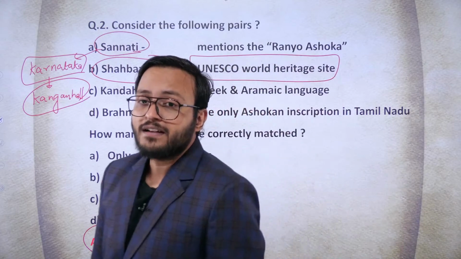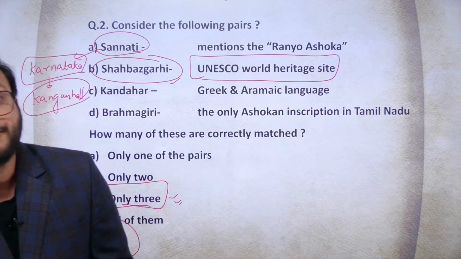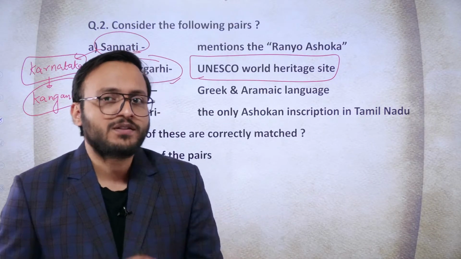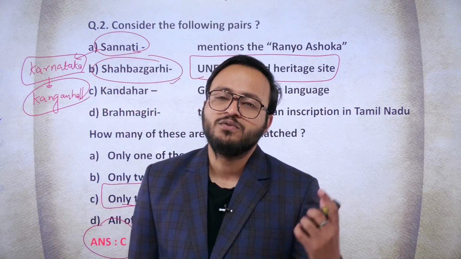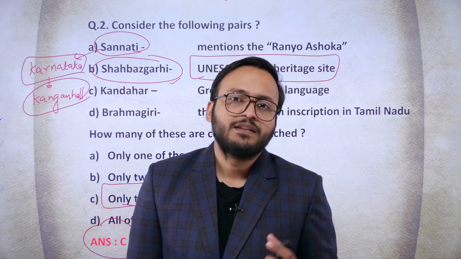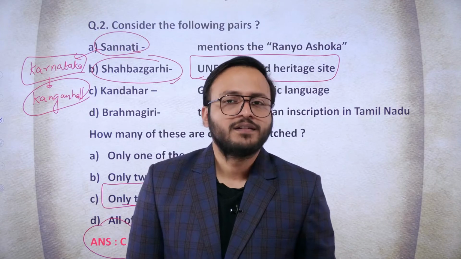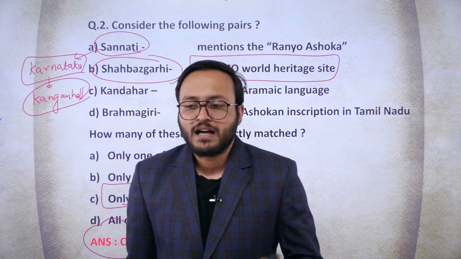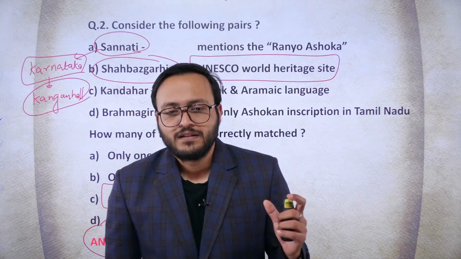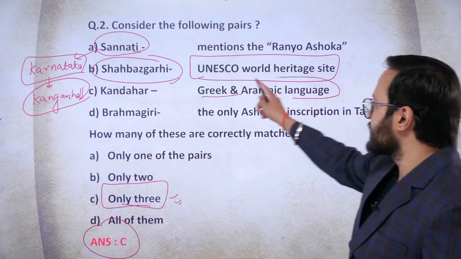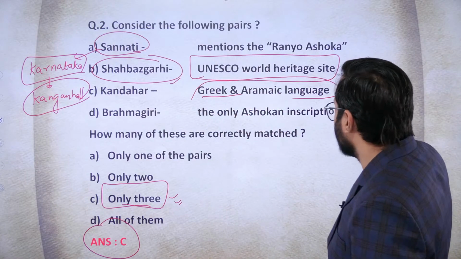In fact, it was from Shahbazgarhi only that the help was taken to decipher the meaning of Ashokan inscriptions. Got it? Remember that. Kandahar, that is written in the Greek and Aramaic languages. This is also correct.